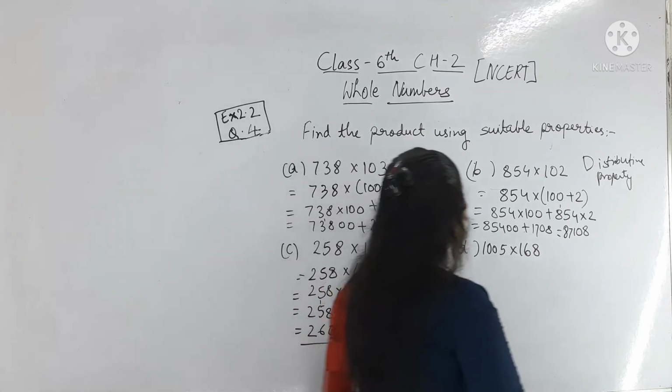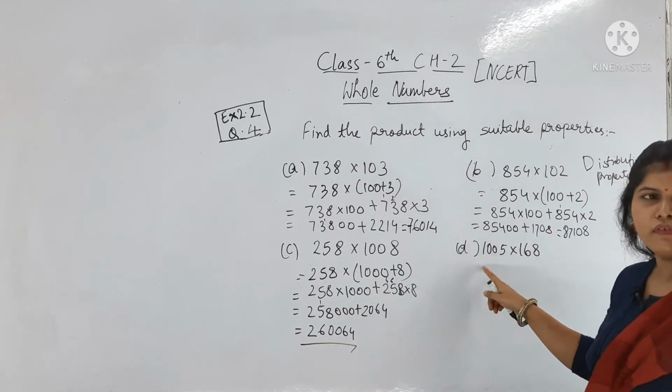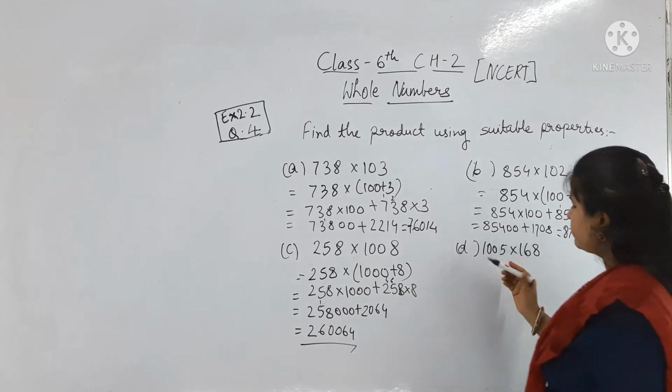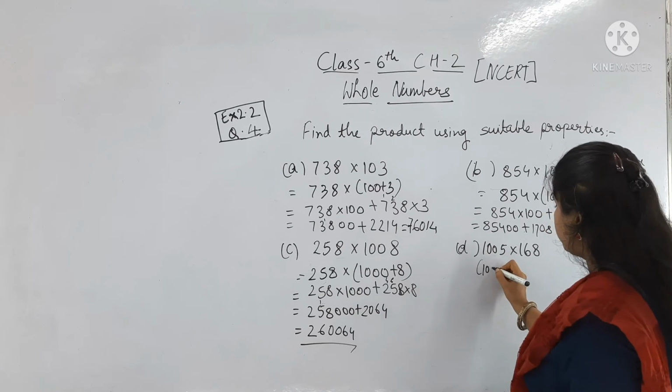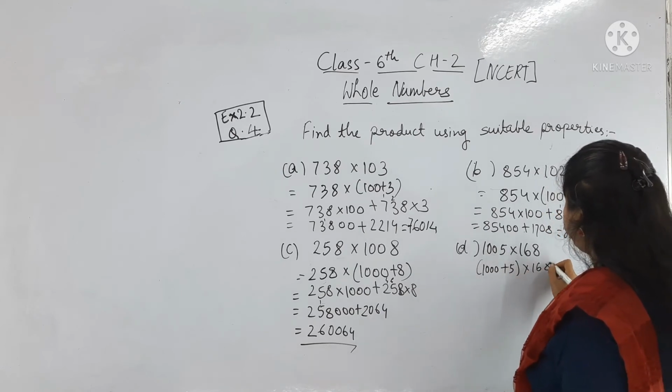Now come to the D part. Here you can see in 168 and 1005, here I will get 1000, that is 0 in tens place. So 1000 plus 5 into 168.